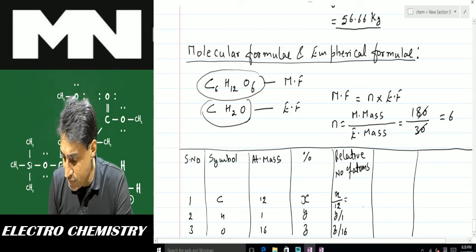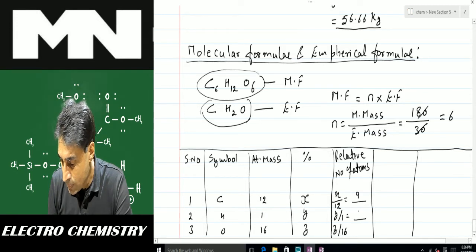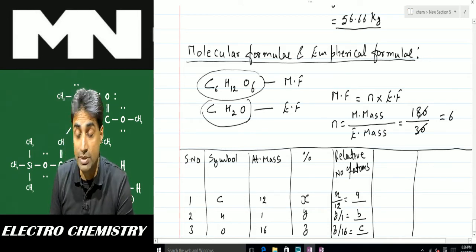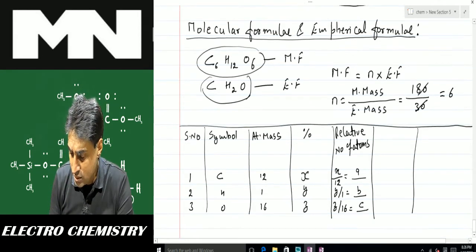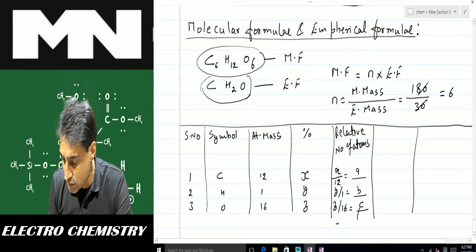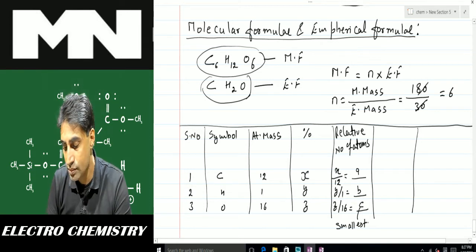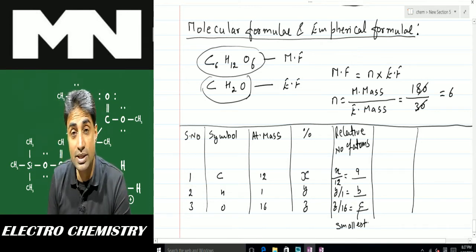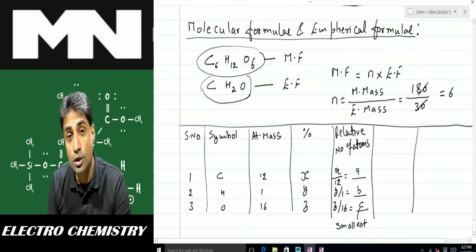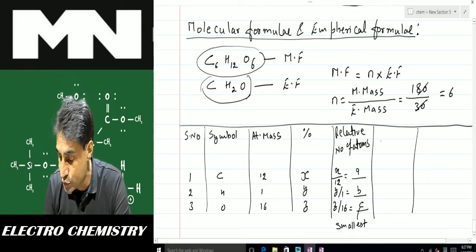Now suppose the values which I am getting are A, B and C. We'll see which among them is the smallest one. Randomly I am taking, suppose C is the smallest value. If C is smallest, then I will divide all the relative numbers of atoms by C so as to get the simplest ratio.